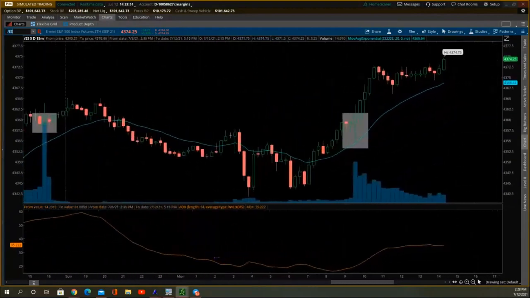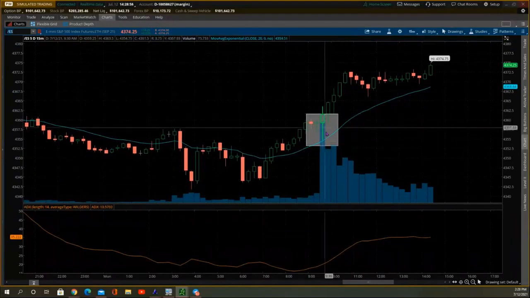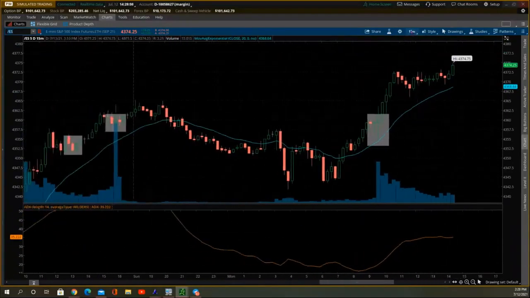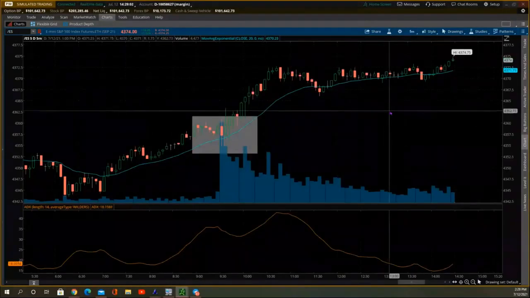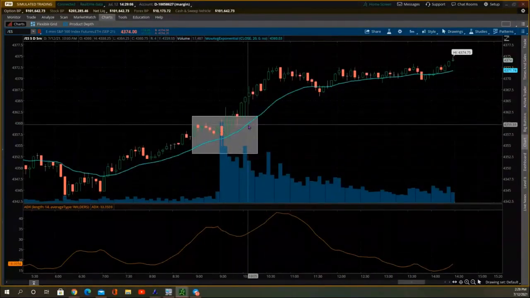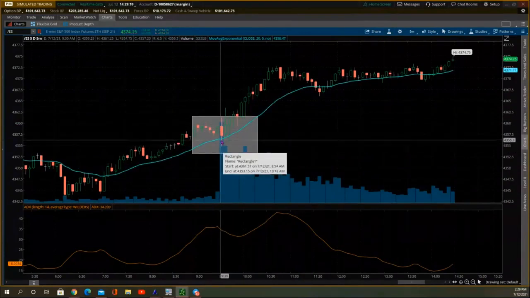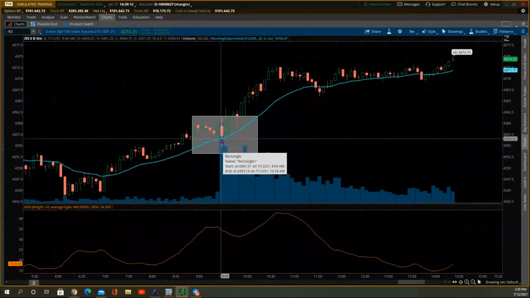So Peter, I showed this setup before. This was the one that happened this morning. I was just watching this on a 5-minute ES chart, and I took this trade. I just paper traded this, and it worked great. I wish I'd taken it live. And you can see right here the price went below the 20.